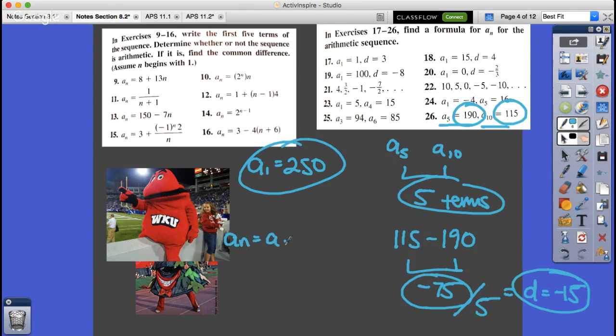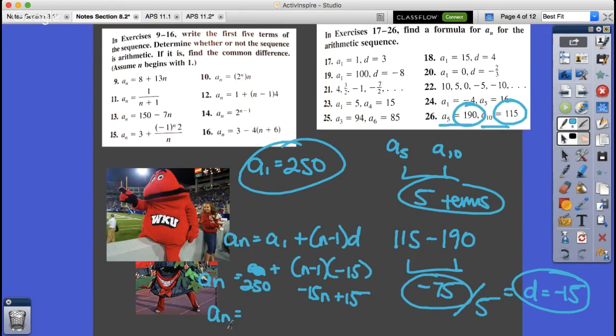A sub n equals A1 plus n minus 1 times D, where D is negative 15. You have n minus 1 that you would keep here. You'd have A1, which would be 250, plus this, and this equals A sub n, which is literally any term, my fault. So we could just multiply this across: negative 15n plus 15.